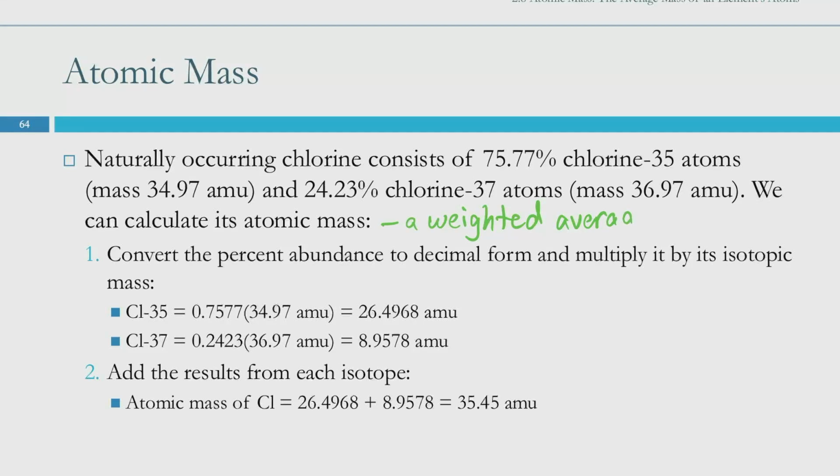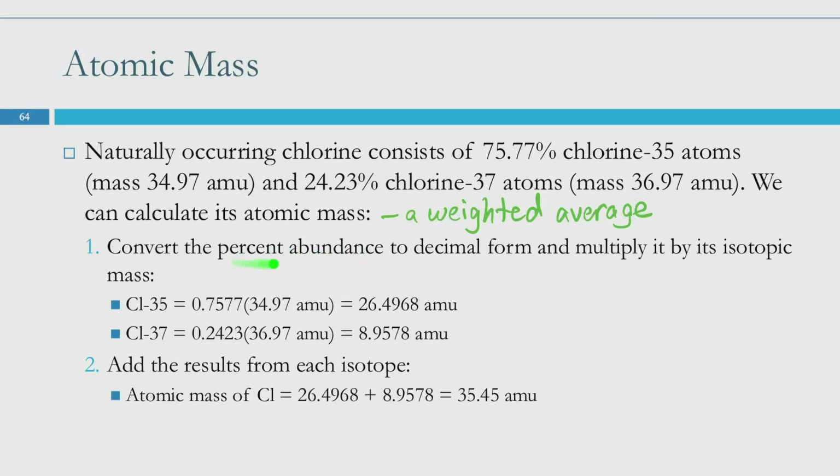This is a weighted average. You can also use this to calculate or predict your Canvas grades using a weighted average. I do this for predicting some of the exam scores that you need for things. So convert the percent abundance to decimal form. So divide by 100. And then multiply by its isotopic mass.